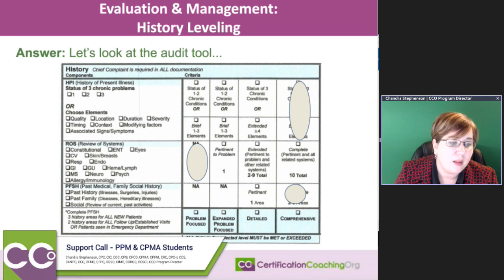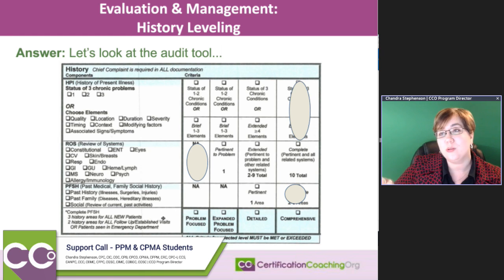All right, Anna had another question. She said, so if the patient is unconscious, do you just skip that? I mean the past, family, and social history level. Yes, Anna, when we were talking earlier about that emergency department encounter, if a patient is unconscious and the provider has documented that they're unconscious and there's no other source of history, yes, you can skip that piece and you use your exam and your medical decision making to really drive your level of code selection.